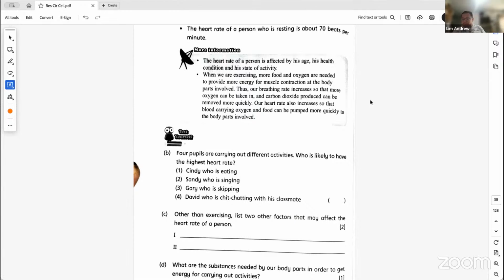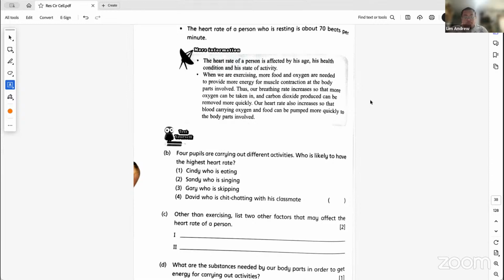Gary, who is skipping. Skipping is a type of exercise. So the more vigorous the activity that you are doing, the higher the heart rate will be. So Gary, who is skipping, yes, so far 1, 2, 3. Skipping is a form of exercise, so the heart rate will be the highest.